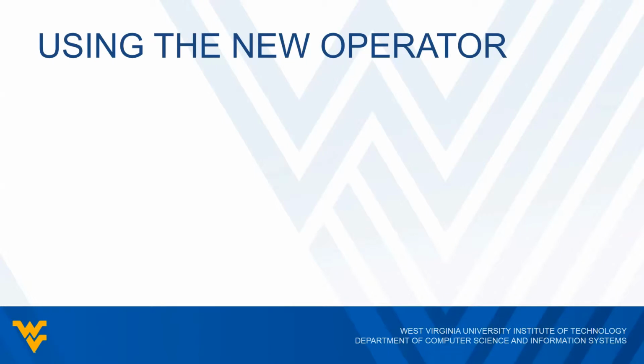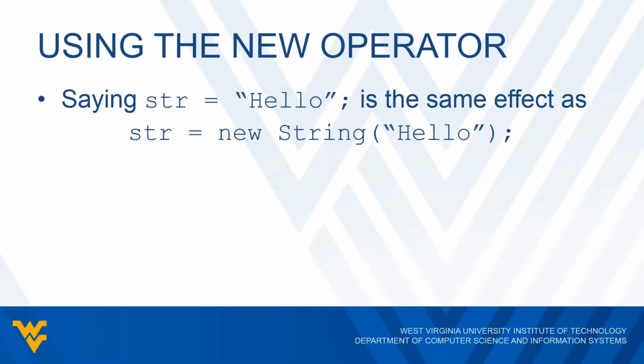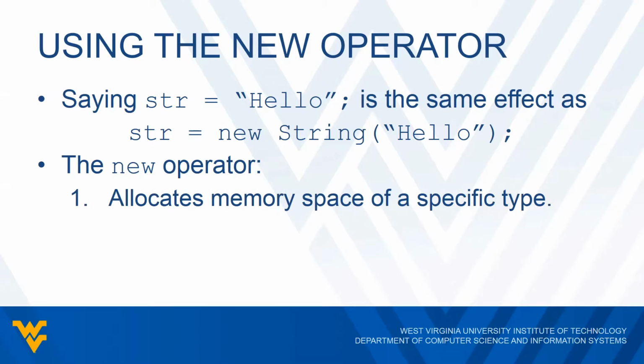So if I say str equals hello, my claim is it actually has the same effect as saying str equals new String with hello in parentheses. To understand why this is true, we need to take a look at the new operator and see exactly what it does. It actually does three things for us. It allocates memory space for a specific type, like in this case, a string.